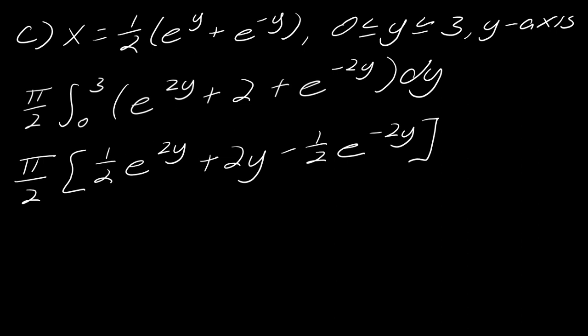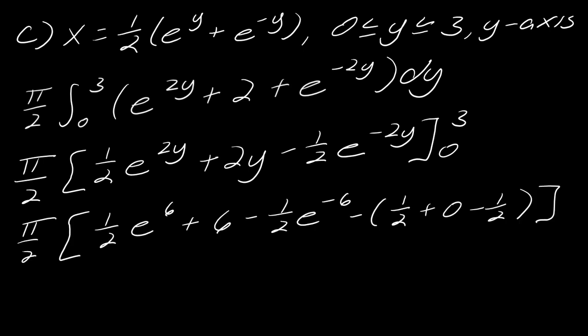I can just take the reciprocal out. Here's where I'm at. Let me show you everything plugged in. I went ahead and plugged in my constants. Remember, anything to the 0 power is just 1. So when I plug in 0, this becomes 1/2 times e to the 0, so just 1/2. So 1/2 plus 0 minus 1/2 is when I plug all that in.